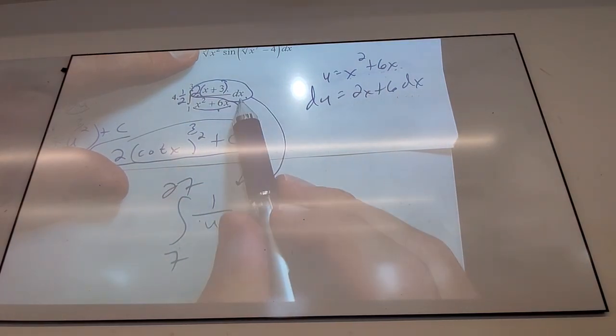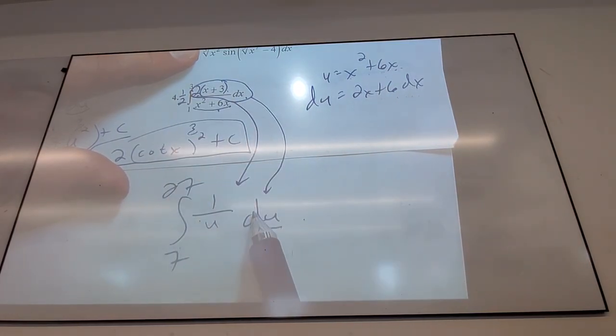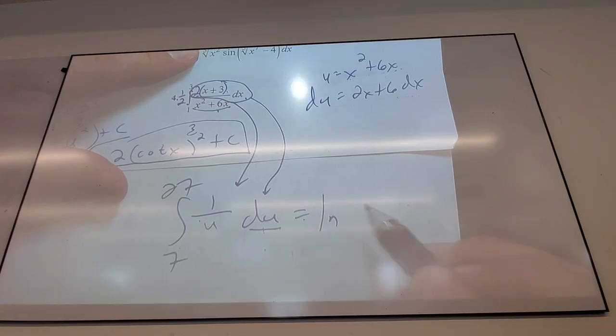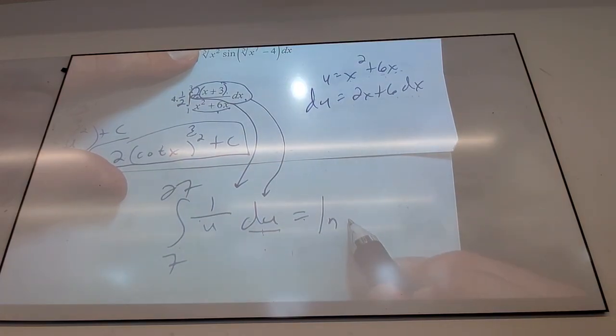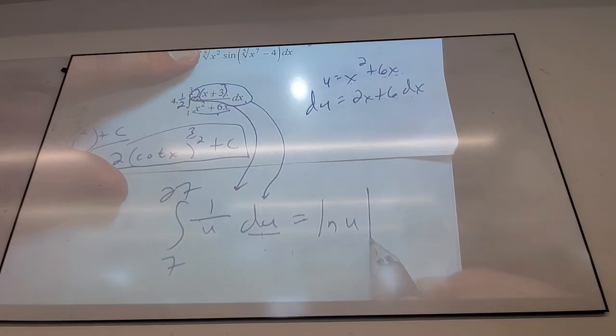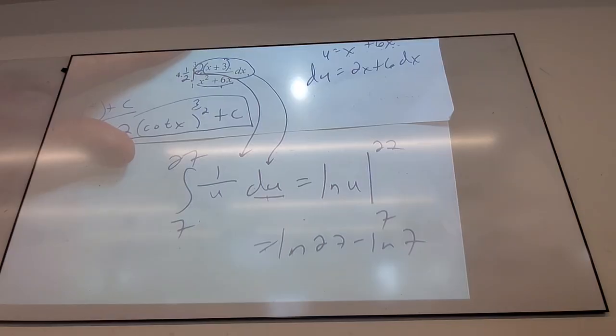So as x goes from 1 to 3, u goes from 7 to 27. And then what's the integral of 1 over u? ln of absolute value u, but everything's positive, so I can do this. And I want to evaluate that between 7 and 27. So I get this kind of gross answer, but too bad.